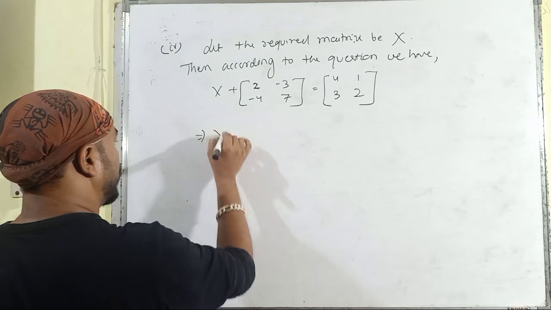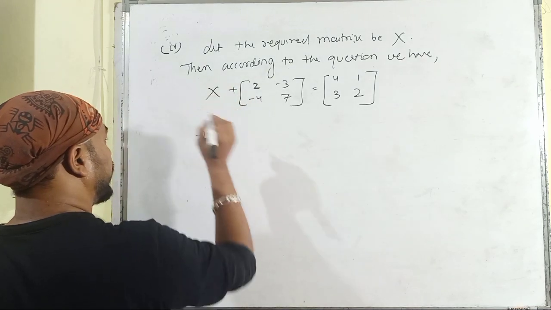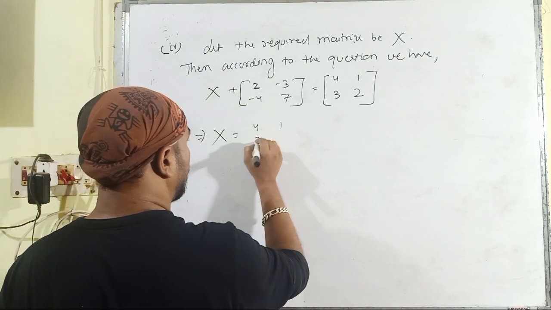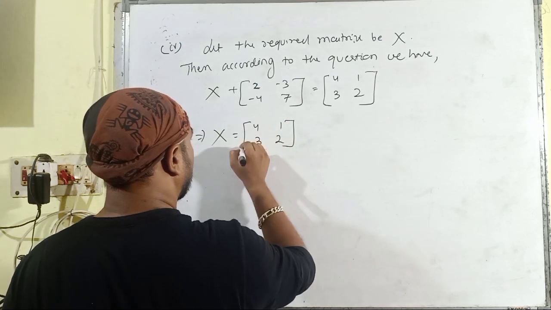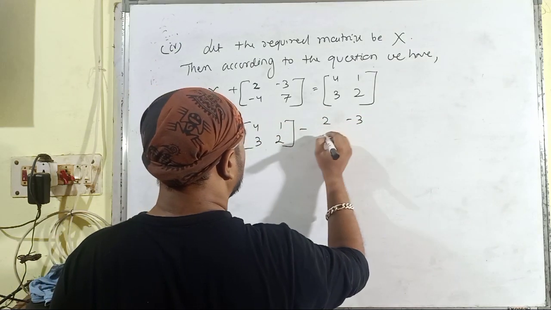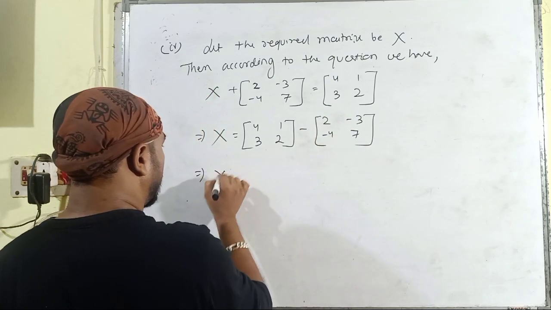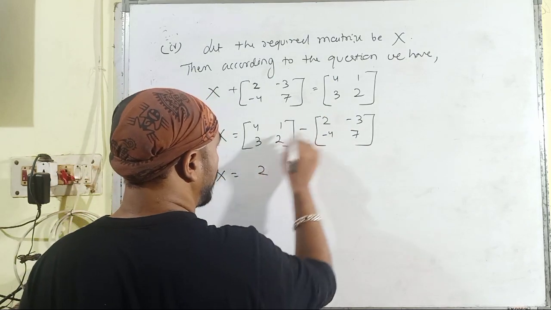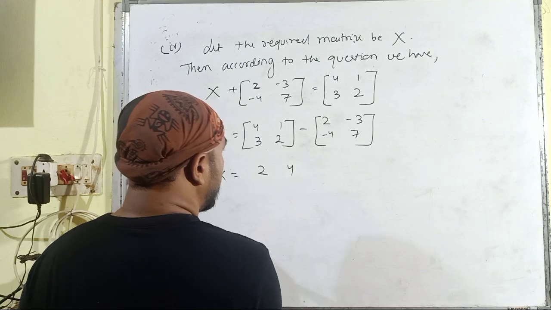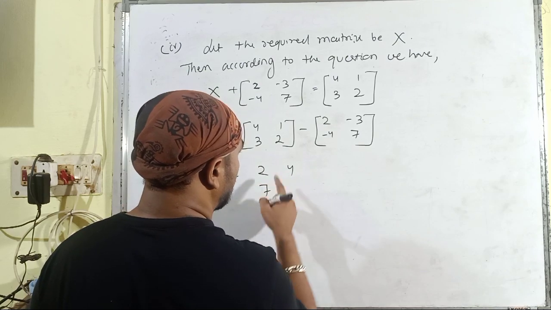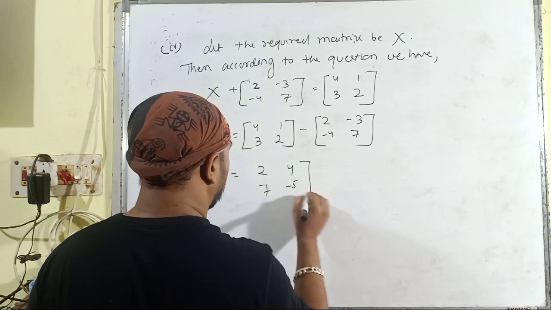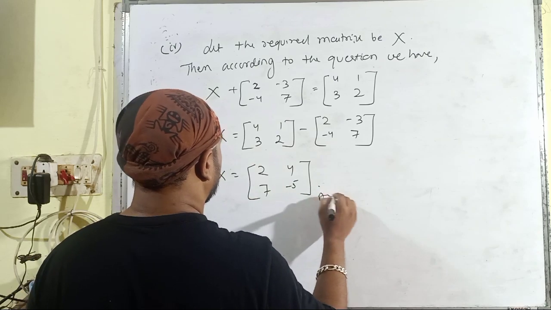So we have to find the matrix X here. X will be equal to [4 1; 3 2] minus [2 minus 3; minus 4 7]. Then X is equal to 4 minus 2 is 2, 1 minus minus 3 is 4, 3 minus minus 4 is 7, 2 minus 7 is minus 5, and here is the value of X.